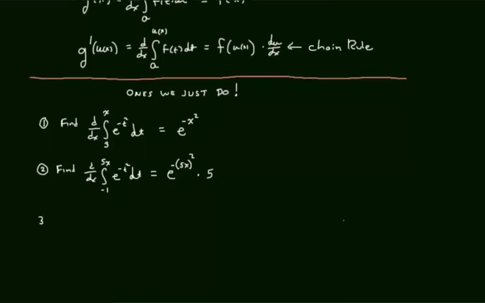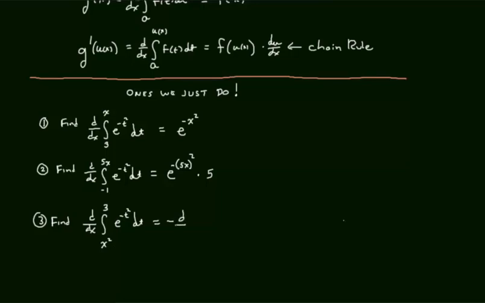Number 3. We're going to find the derivative with respect to x of the integral from x squared to, pick a number, 3, e to the negative t squared dt. What I'd like you to see here is, because the variable is in the bottom bound, I want to transform it into the upper bound, but in doing that I have to make it negative.